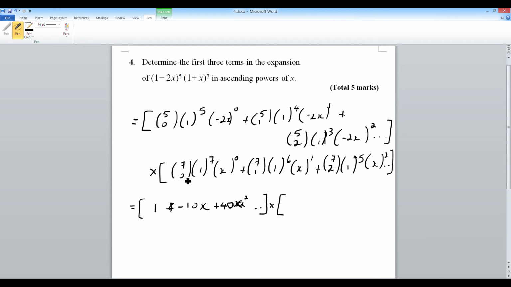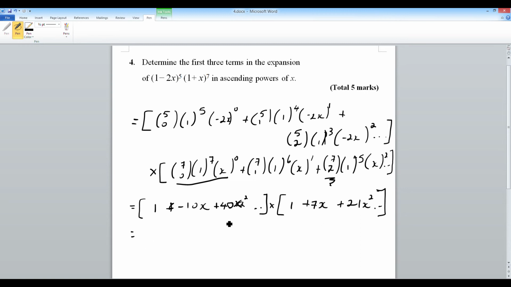Multiplied with, for my first term here, 1 multiplied with 1 multiplied with 1 gives me 1, plus 7x, plus, and now you can use Pascal's triangle for this one as well, and you will see that this value is 21. 21 multiplied with 1 multiplied with x squared will give me plus 21x squared. And there will be other values, but we're not interested in them.